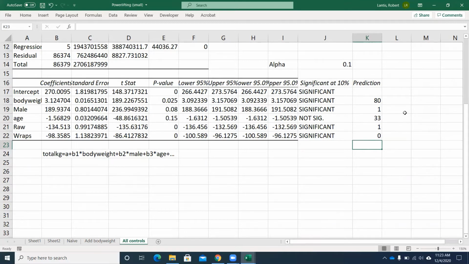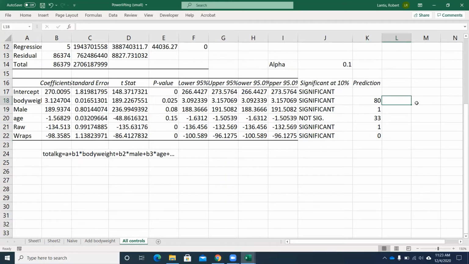So now for this individual, if I had all the coefficients plugged into this equation, I could plug in that individual's variables for X1, X2, or body weight, male, age, etc. And then it's just a really simple math equation to predict the total kilograms this individual would lift, right?